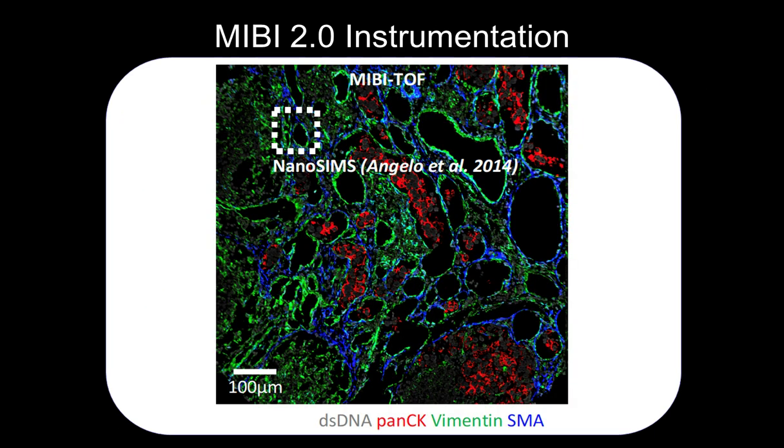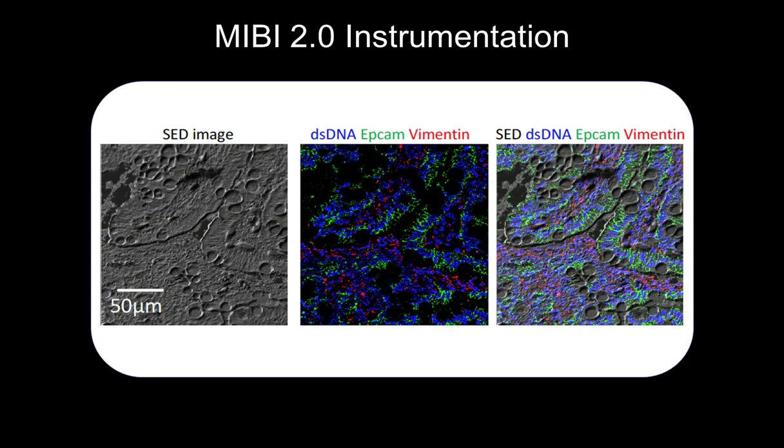When we put all of this together, because of this new configuration, we were able to image multiple markers on a much, much bigger field of view in the same amount of time it would take to get this very small field of view using the original NanoSIMS demonstration. We're pretty excited about this, and on top of that, we also have an extra layer of features we can capture, like the SED image here, which gives you a surface analysis of the tissue that you can overlay with your different metal-coated reporters to get pseudo-bright field and fluorescence images as well.